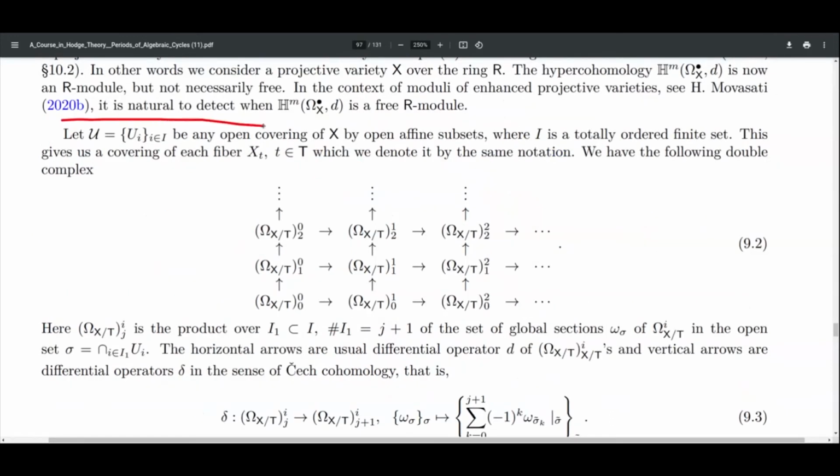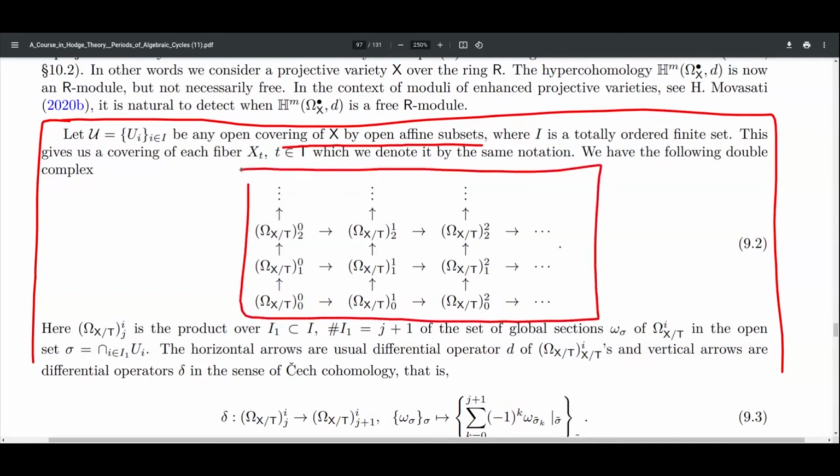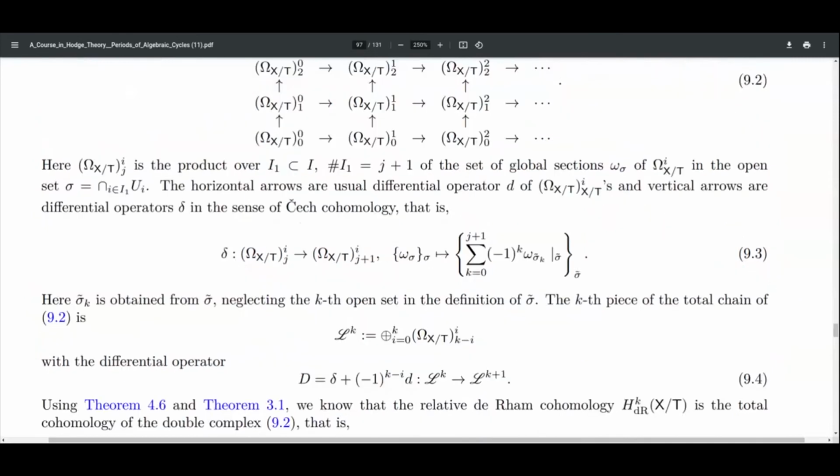Remember that for our computational purpose, we take a covering with affine open sets. This will be a good covering for us because we are using differential forms. And then we form this double complex. Going up is delta, going to the left is d, and then we define this capital T operator from L^k to L^(k+1).